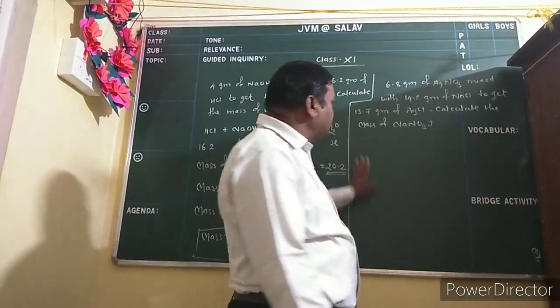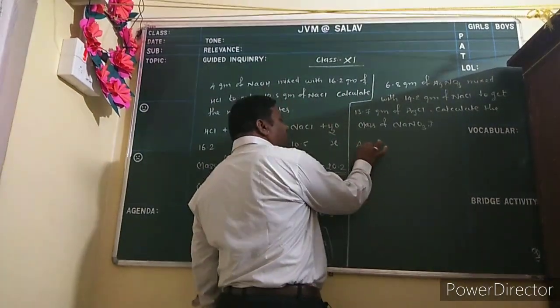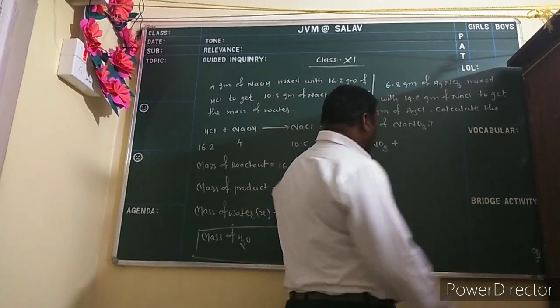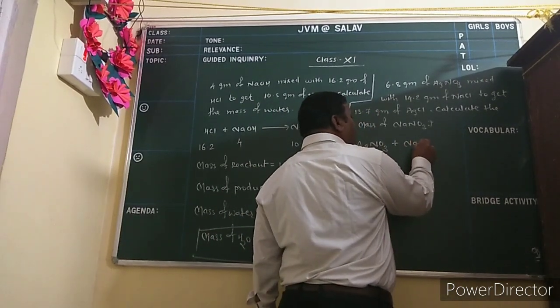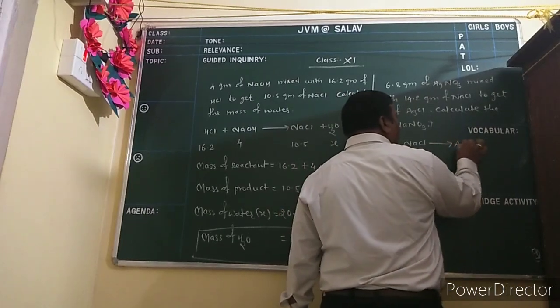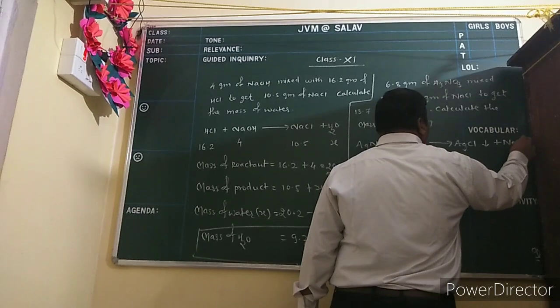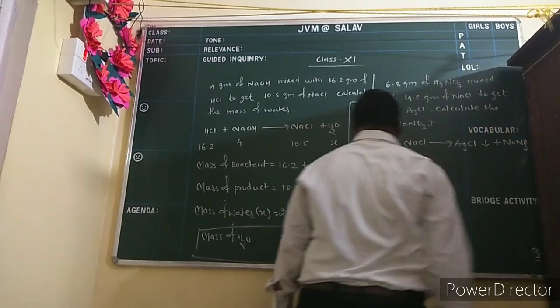Again a reaction is there. Which reaction? Silver nitrate plus sodium chloride gives silver chloride and sodium nitrate.